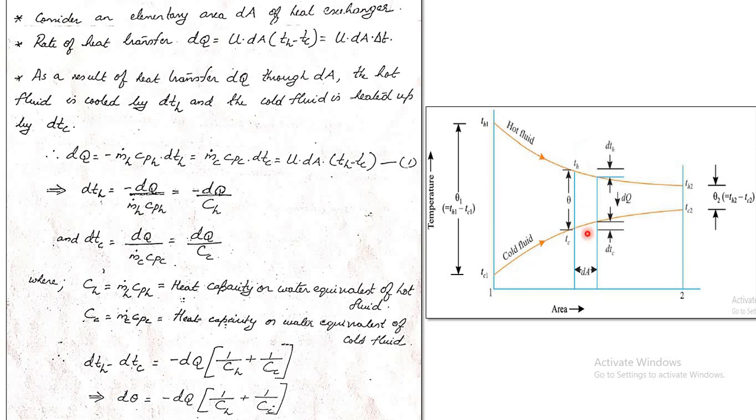We know Th minus Tc is theta, so we can write dTh minus dTc is d theta. So d theta is equal to minus dQ multiplied by (1 by CH plus 1 by Cc).